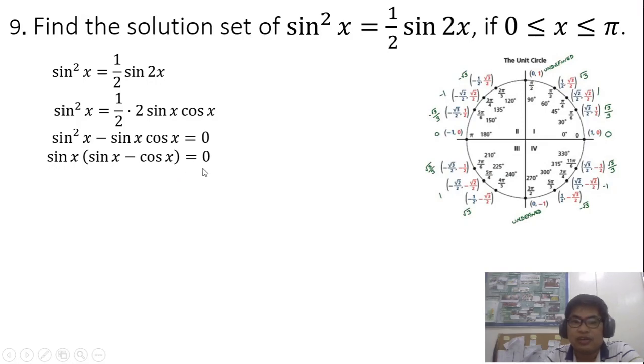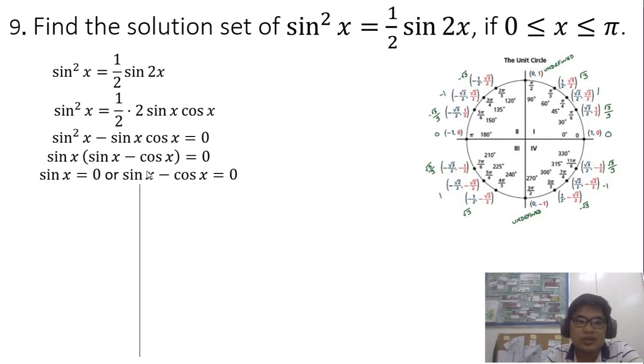Then use the zero factor theorem. So this factor is equal to 0 or this is equal to 0. Sine x is equal to 0 or sine x minus cosine x is equal to 0. Then we solve for each equation. So ang sine x equal to 0, that is x is equal to arc sine of 0.